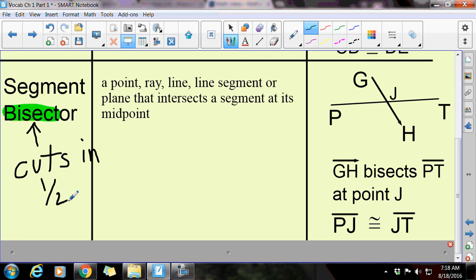So you can have a segment bisector, you can have an angle bisector, you can just have point X bisects line segment PT. So whenever you see this word bisect, you need to think half.